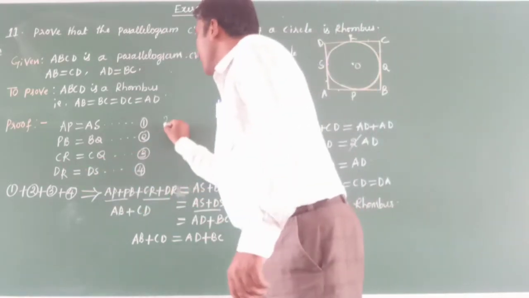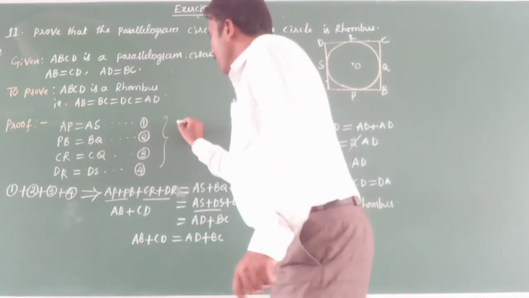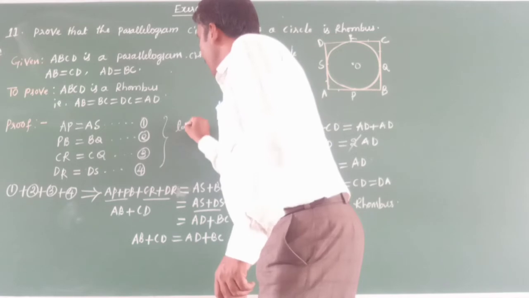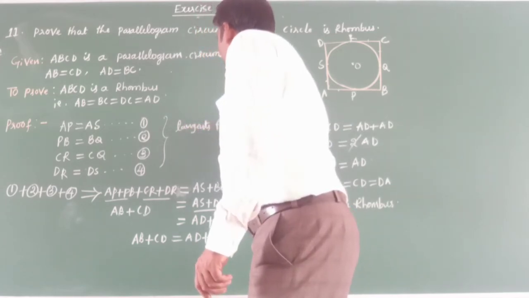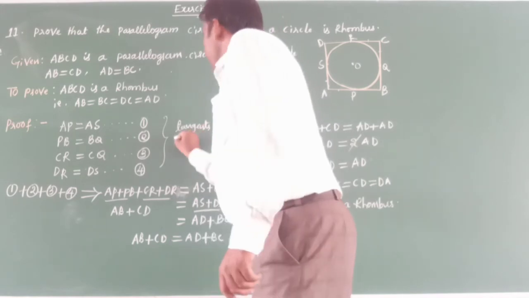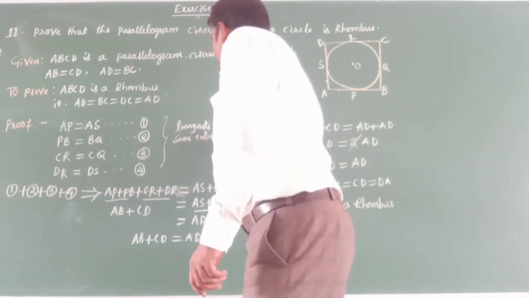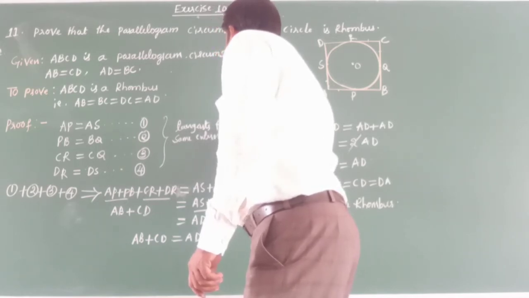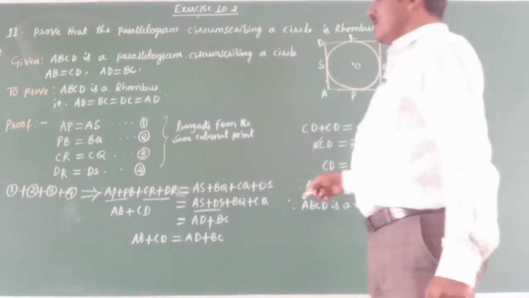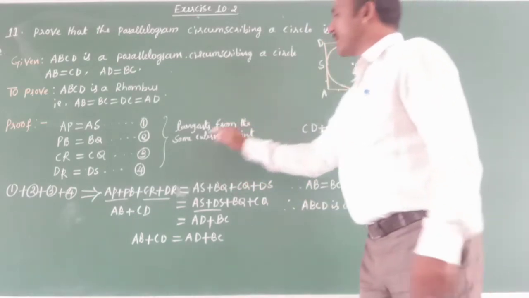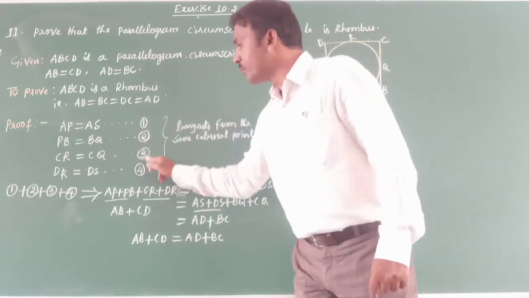For all 4 points, the result is the same: tangents from the same external point will always be equal. Call these equations 1, 2, 3, 4.